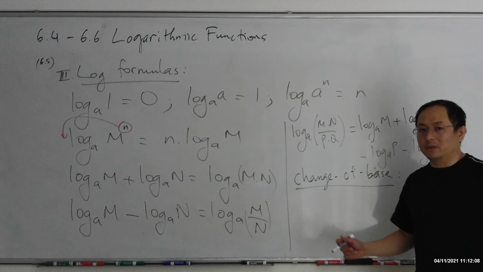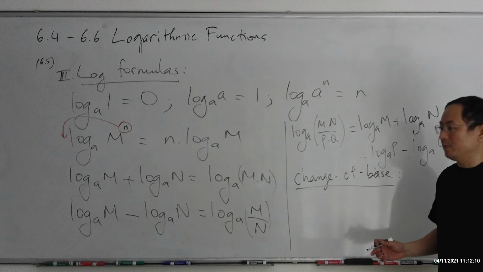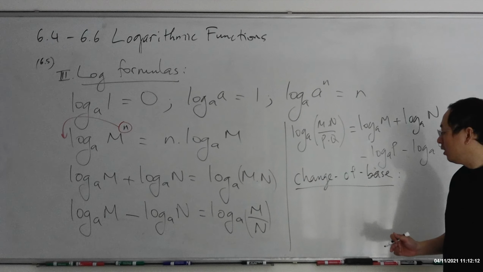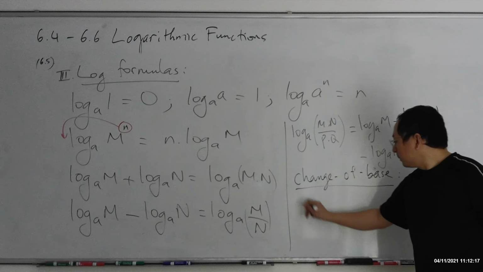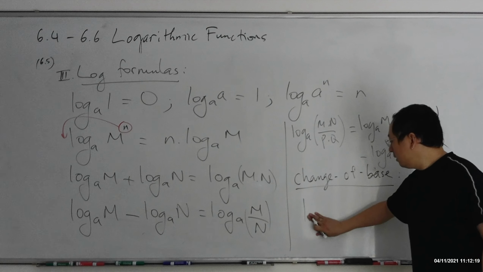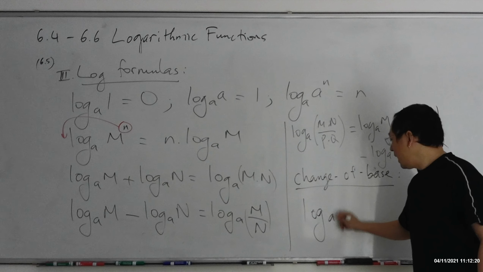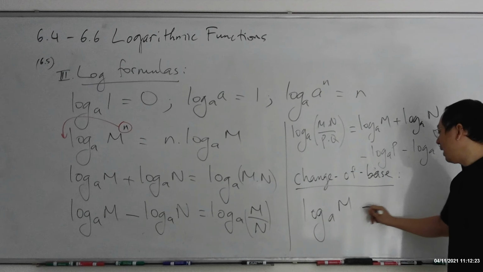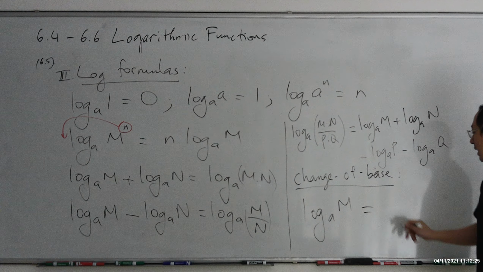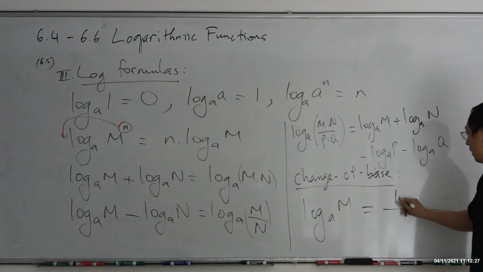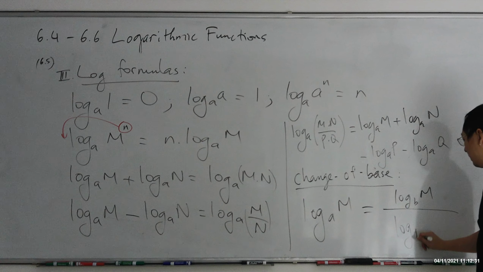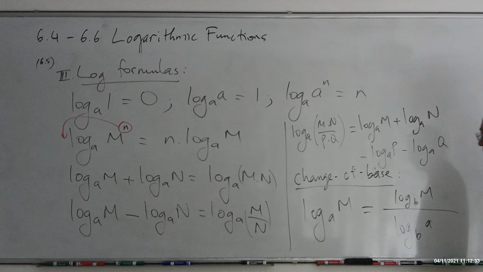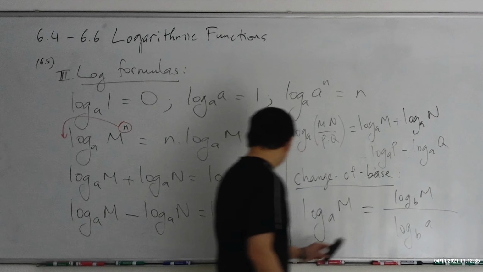So whenever you have a strange base, people tend to change to base e or base 10. So we have a formula to change the base. I got log base a of m. a is any number, right? And I want to change to base b, and I make a fraction. Log base b of m over log base b of a. That is how we change the base.